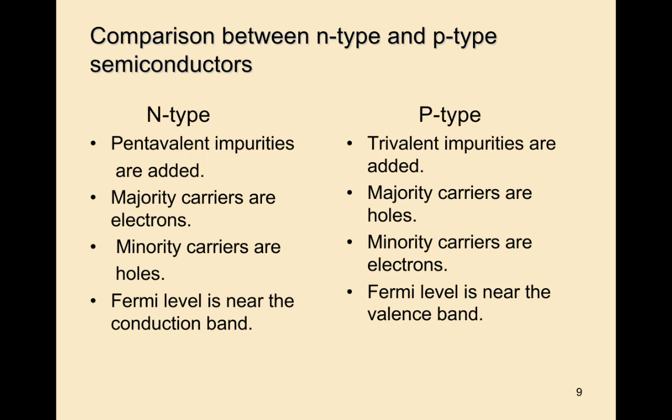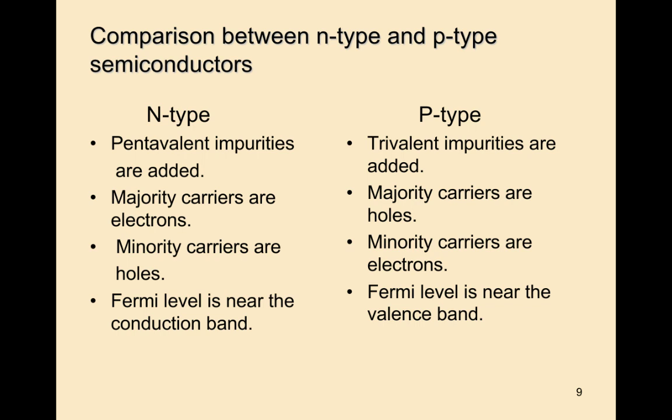In N-type, second difference is what? Majority carriers are electrons. In P-type, majority charge carriers are holes. Next, in N-type, minority charge carriers are holes. In P-type, minority charge carriers are electrons. In N-type, Fermi level is near the conduction band.